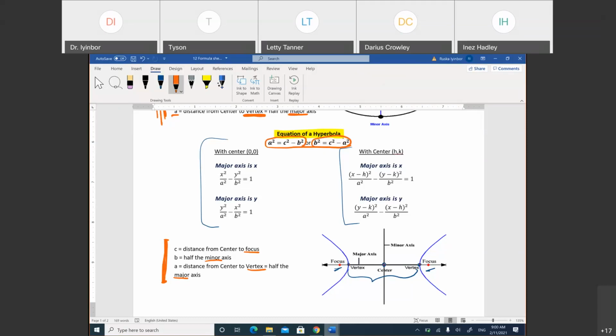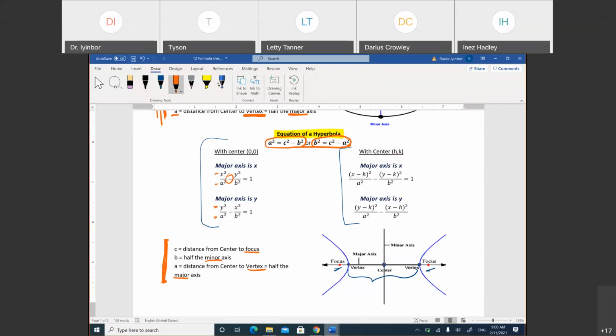And the difference between equation of ellipse and hyperbola is just that negative in the middle. So hyperbola has minus in the middle, ellipse have plus in the middle. So that's the difference. And again, the rule is the same. The major axis is above the a squared. See, this is y above the y squared. Okay? So that's what you're gonna use.